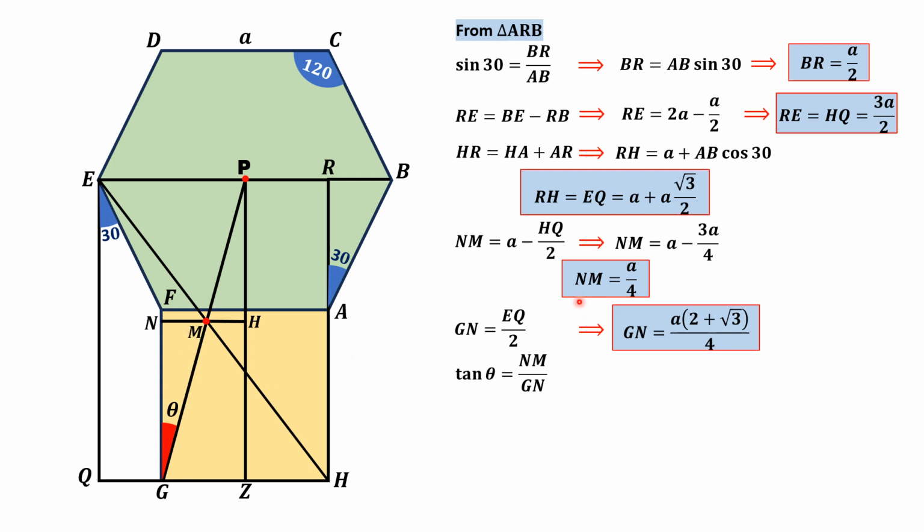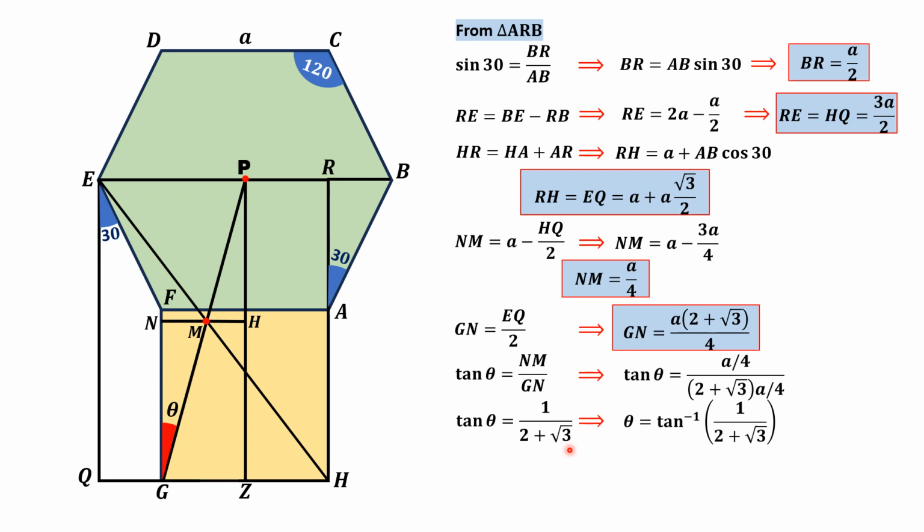These both values we have in the form of a, we substitute them here, which gives this relation. a by 4 is present in numerator and denominator as well, so this will cancel out, and tangent of theta will be equal to 1 over 2 plus square root of 3, and theta will be tangent inverse of 1 over 2 plus square root of 3, and if we use a calculator we will get theta equal to 15 degrees. That is the answer.